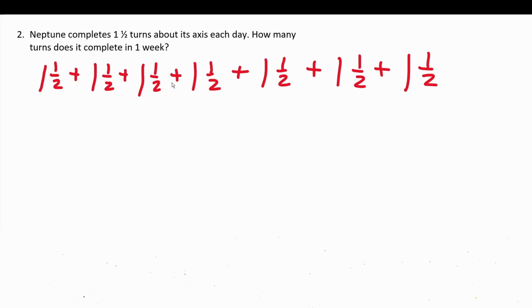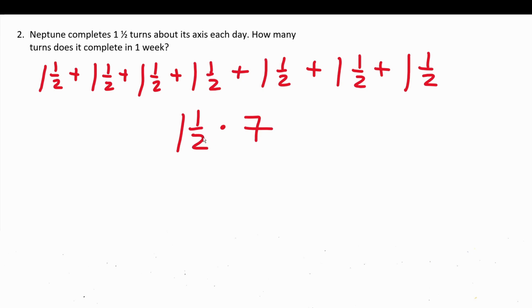But that said, we should realize that we can simply do 1.5 times 7. These things are the same. This is 1.5 added together 7 times, and this is 1.5 times 7. So for this one, I'm going to take this second approach.